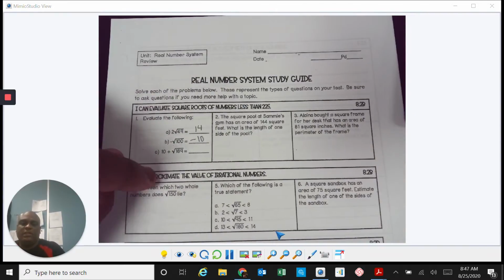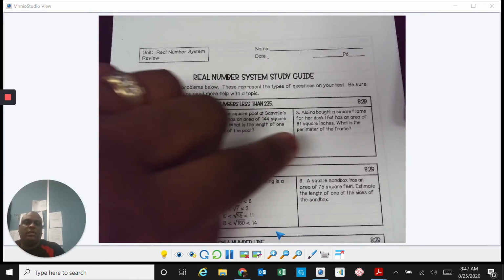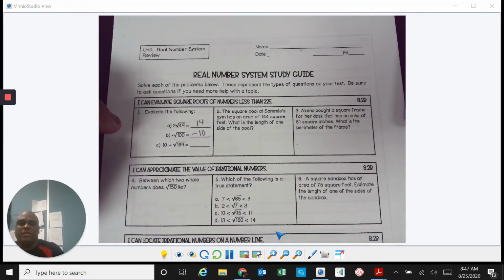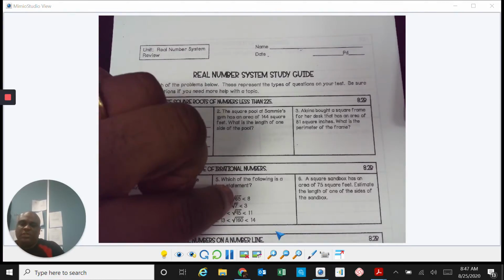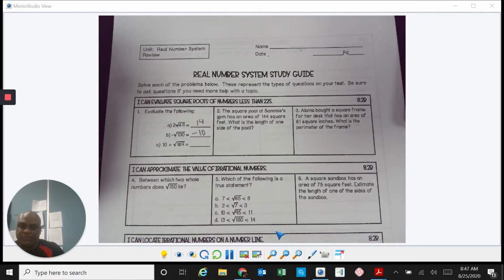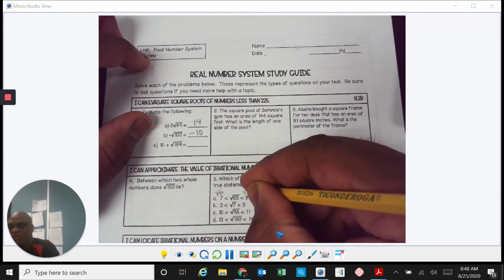And this one, between which two whole numbers would this lie? Go through these. Same situation, even if you're trying to evaluate which of these are true. Would the square root of 65 be between 7 and 8? You can put these numbers in your calculator, or if you've got your perfect squares memorized, this would be the square root of 49, and this would be the square root of 64.